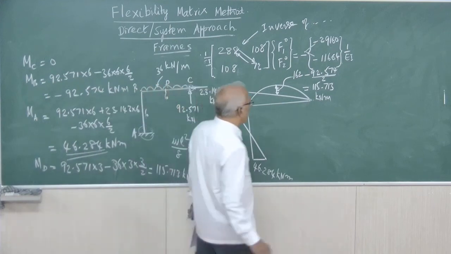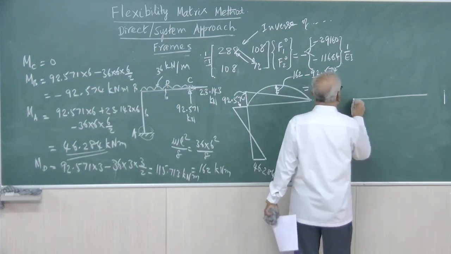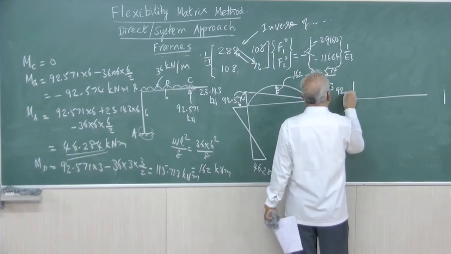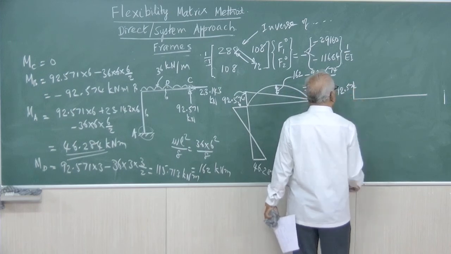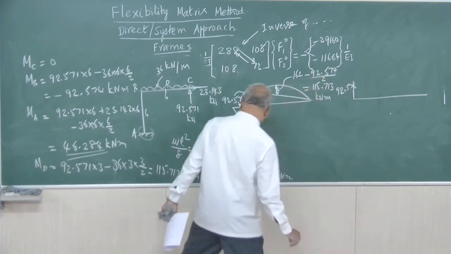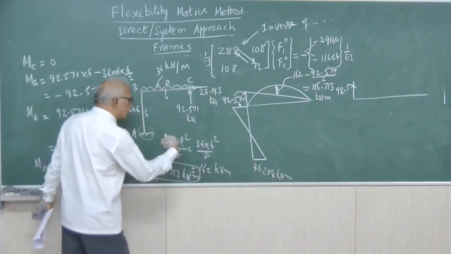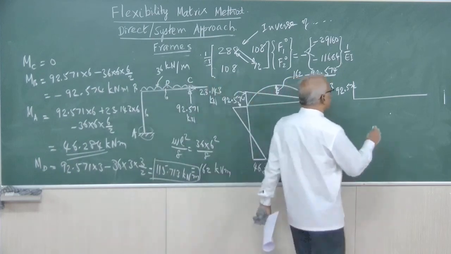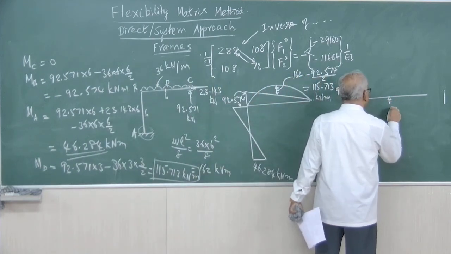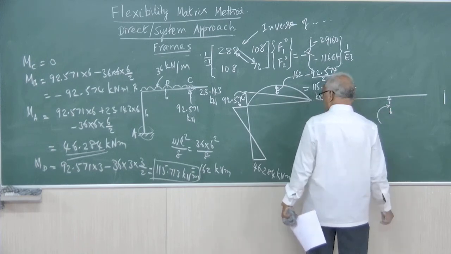Therefore, when you plot the bending moment diagram for this beam, we can plot the support moment diagram. So this is 92.574, and at the center, since this value is plus, which means tension at the bottom, we have to plot the value here. This is the point where we are likely to get confused on seeing the diagram.